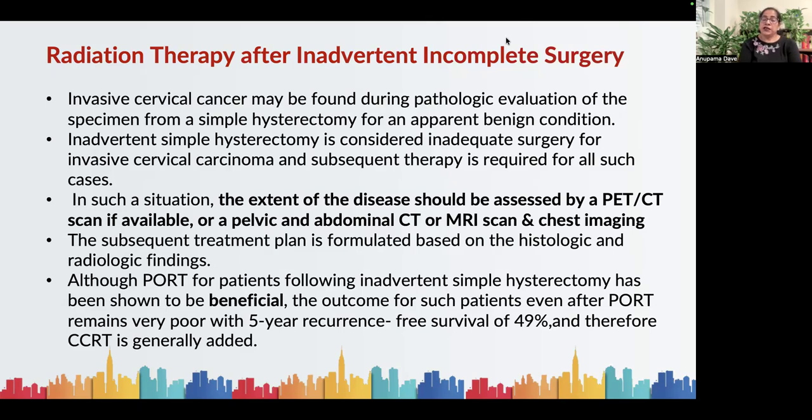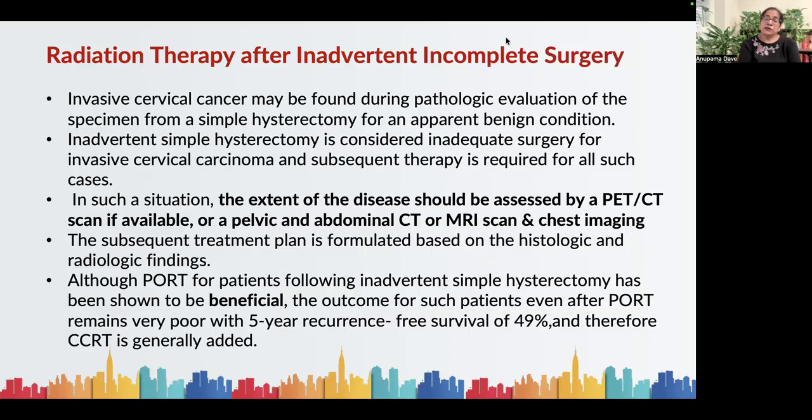In such a situation, the extent of disease can again be assessed by PET or CT scan if available, or by pelvic and abdominal CT or MRI scan and chest imaging. The subsequent treatment plan is formulated based on histologic and radiologic findings. So, based on whatever findings you get, subsequent treatment is done.